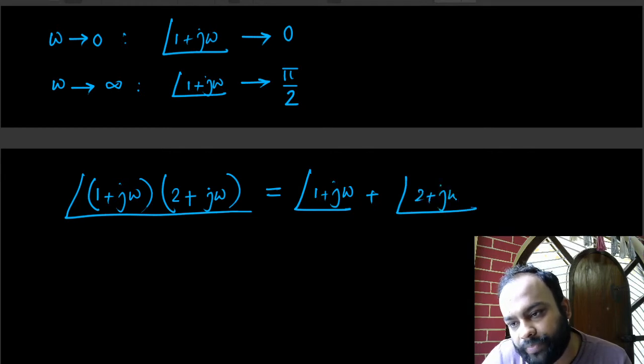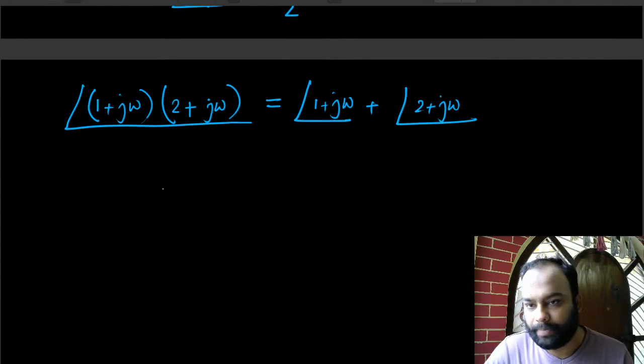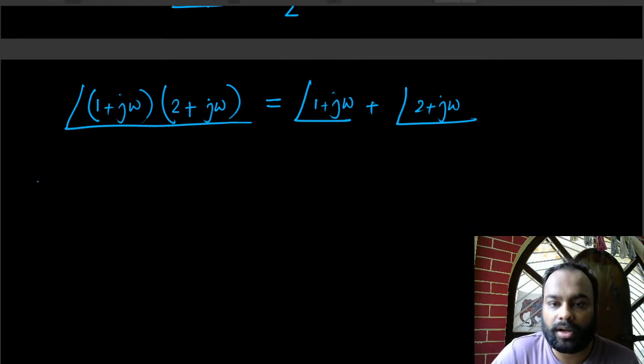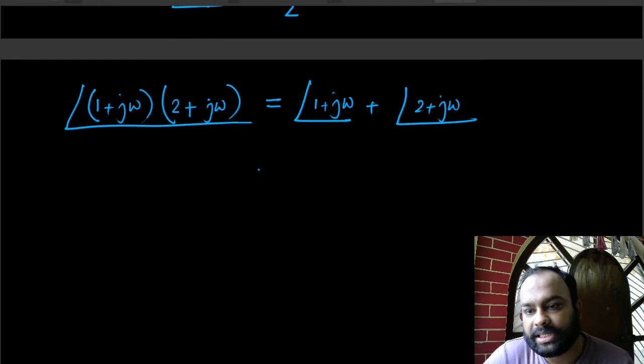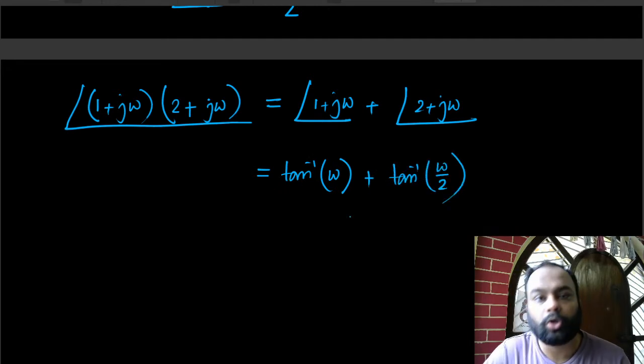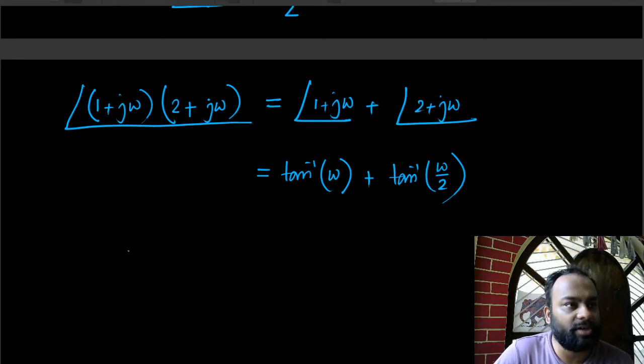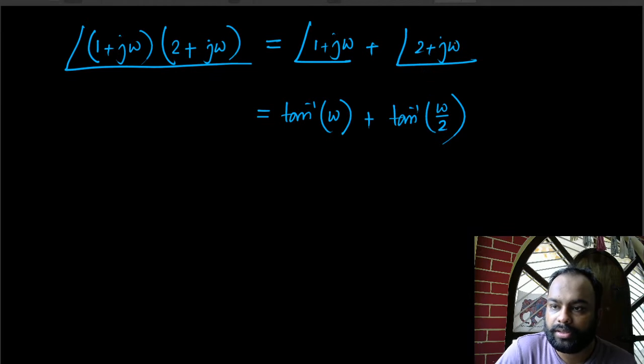Individual phase angles, add them up. So this is going to be tan inverse omega plus tan inverse omega by 2. Quite simple, right? So imagine that by you.